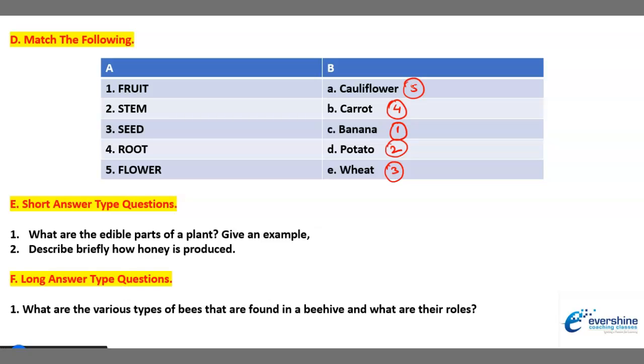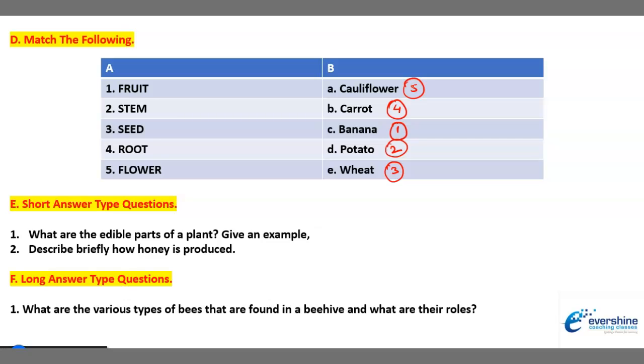Full stop. Honey is stored in beehives, from where it is extracted and processed for human consumption.